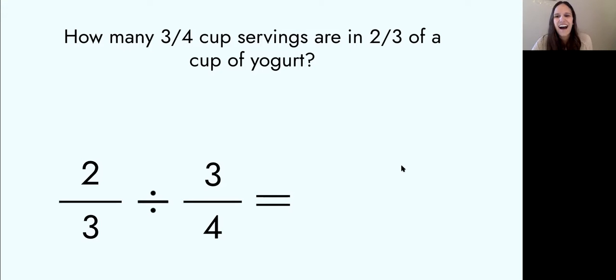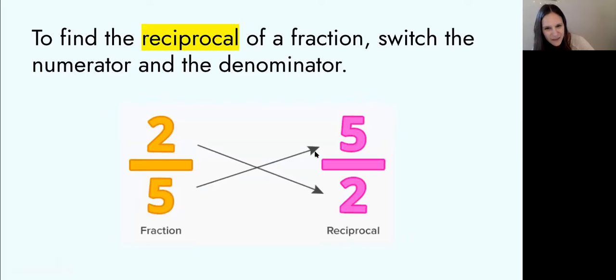Okay, I am going to pause the lesson here, and I'm now going to return to just talking through how I would finish up this lesson. Like I said, that was just a little taste of it. So I would now at this point walk the students through the process of converting a fraction division problem into a fraction multiplication problem.